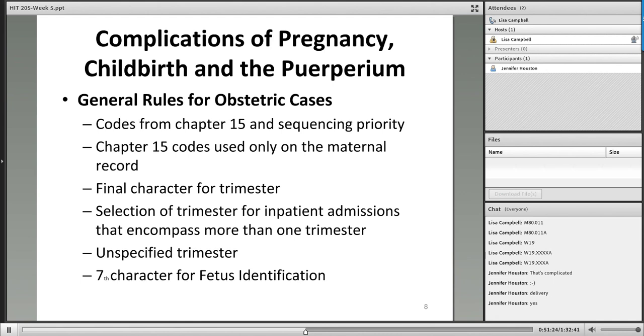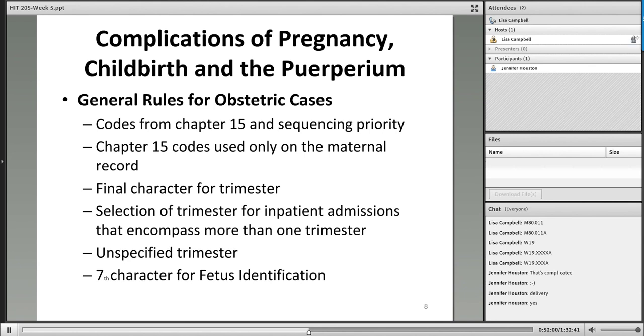We also talked about when the patient has a condition during an inpatient stay, we want to assign the code on the basis of the trimester when the complication developed, not the trimester at discharge.